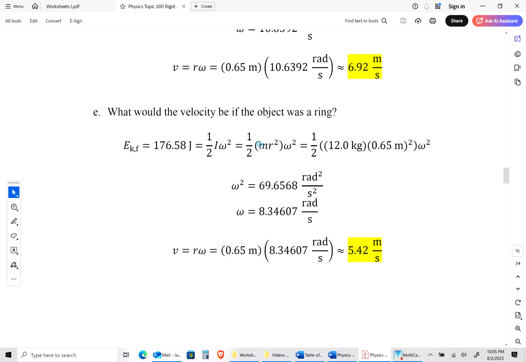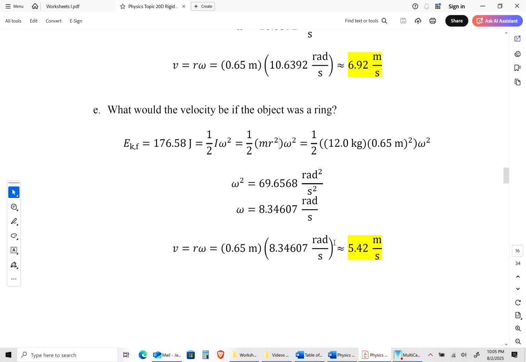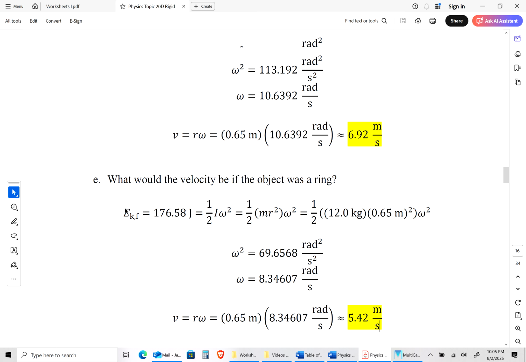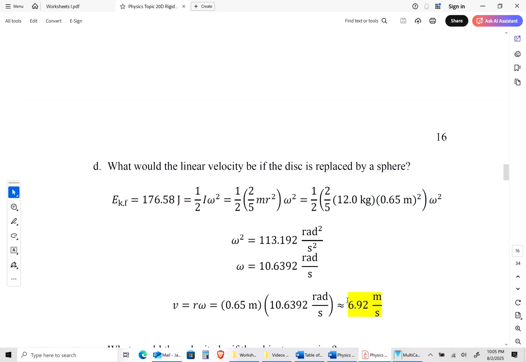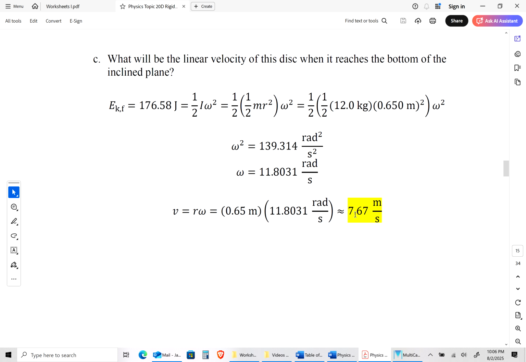So now we're going to replace 2/5 mr squared with mr squared. So when all of the mass is on the outside, the final velocity is 5.42. When it's a sphere, it's 6.92. And when it's a disk, it's the fastest at 7.67.